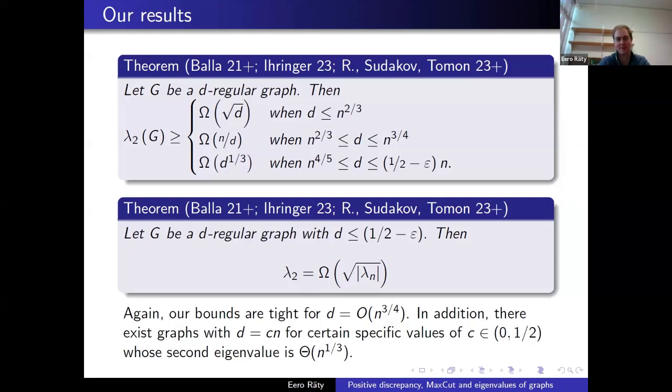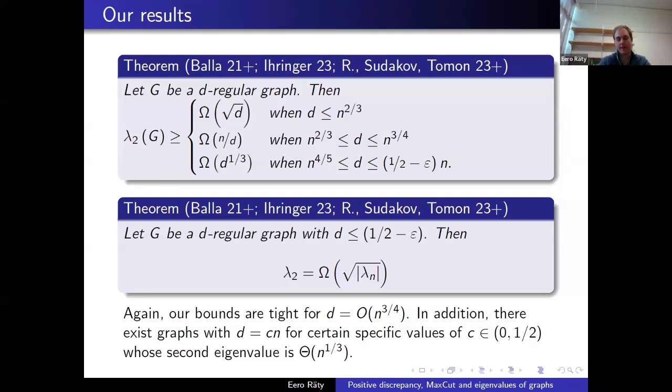It's basically just some nice manipulations of some matrix equations. Ours are slightly different from Ferdinand Ihringer's. There are a few shortcuts we were able to take, and then we adjusted them to also give these first two bounds.